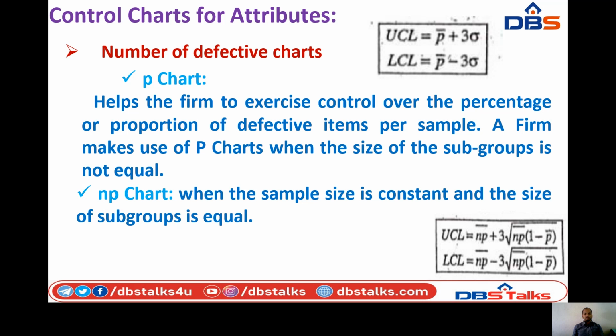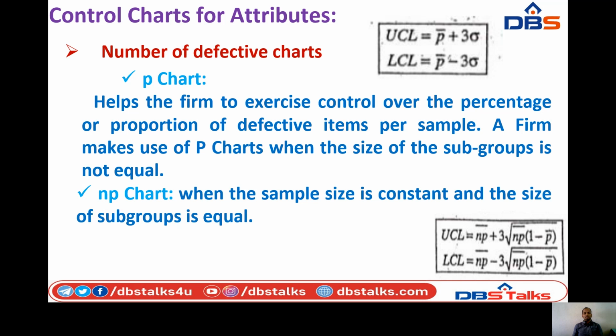That means whether it is good or bad, pass or fail, defective or non-defective. By choosing attributes, we finally get two outcomes: good or bad, fail or pass, defective or non-defective.